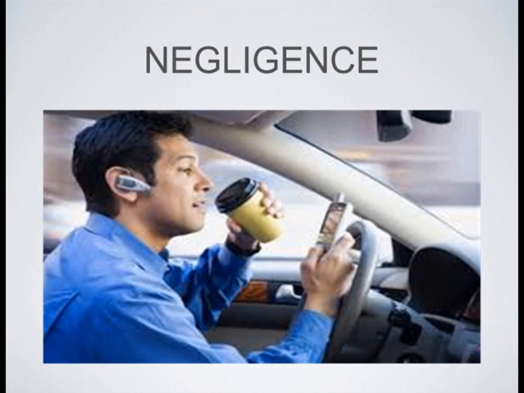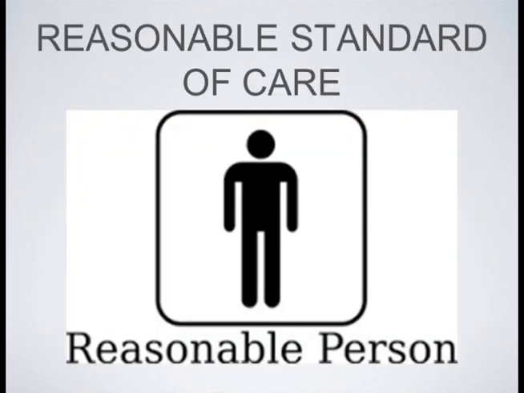And basically what the negligence standard requires in all these arenas is a showing that you, the defendant, did not act like a reasonable person, that you deviated from the reasonable standard of care. And if they can show that, then you might be negligent. Then you might have exposure.